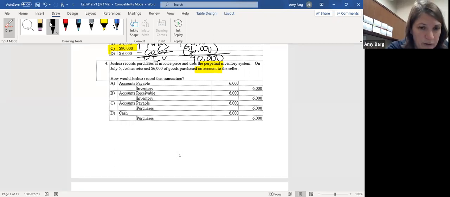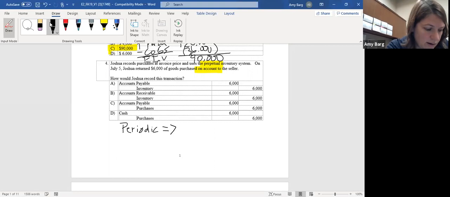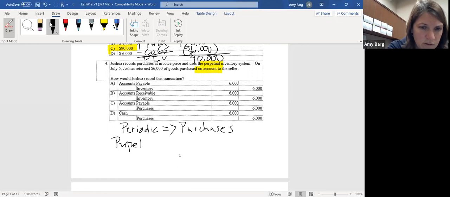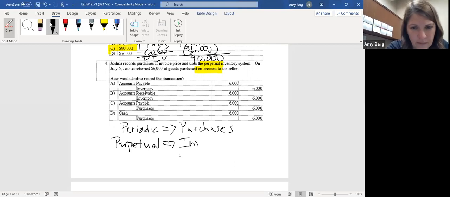There's periodic, and that goes to purchases. And then there's perpetual, and that goes to inventory.